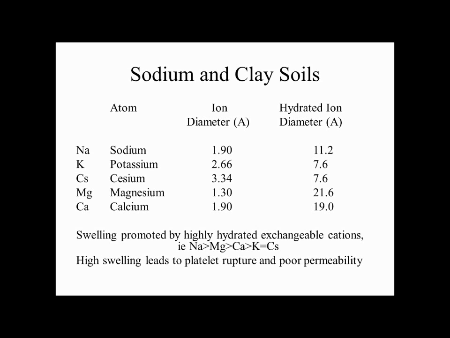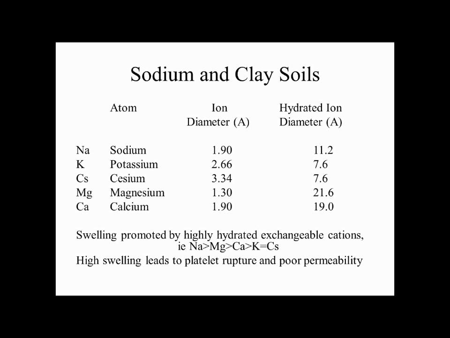Just to give you some perspective, I'm talking about sodium versus potassium, the exchange in clay platelets in soils. If you look at the hydration ion diameter on the right-hand side, you'll see the magnesium and calcium are the most easily penetrating into clay, which is why most clays are calcium and magnesium containing.